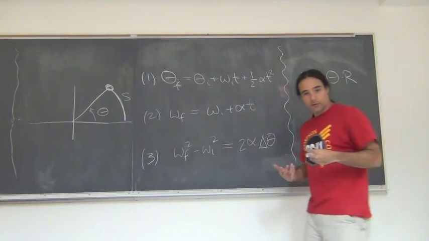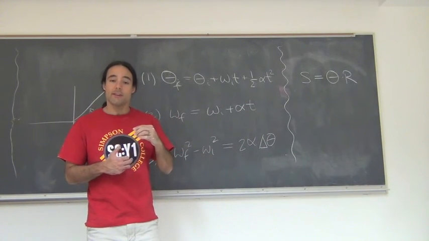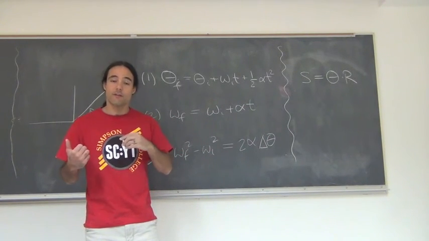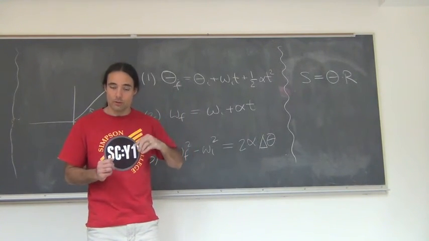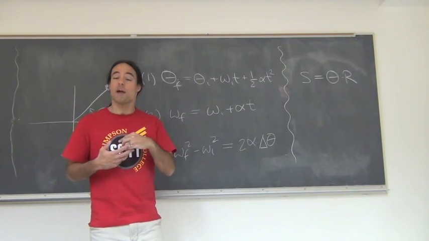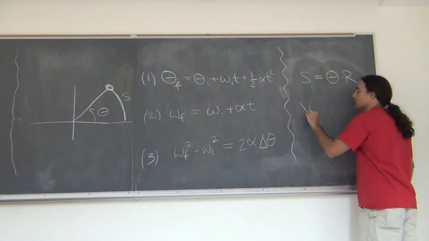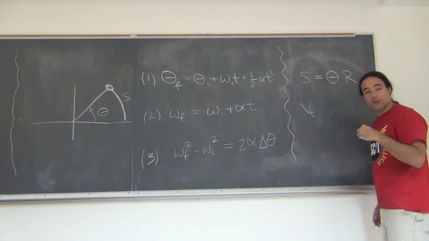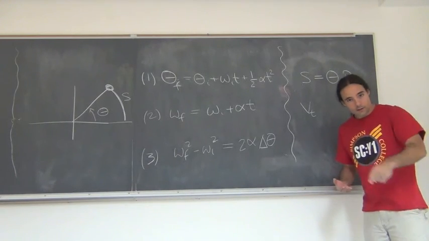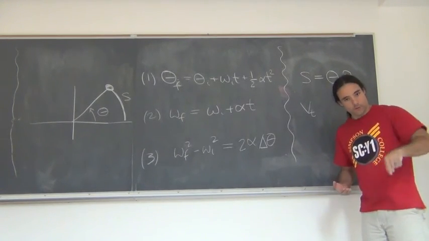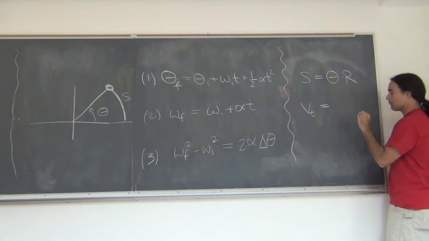Now it turns out that both the acceleration and the velocity, at least along the length of the circle, tangential to the circle, can be described pretty easily just by multiplying by r. So if I want the tangential velocity, I'll call it vt for tangential. By tangential, I just mean it's the velocity along the tangent to the circle, along the edge of the circle.